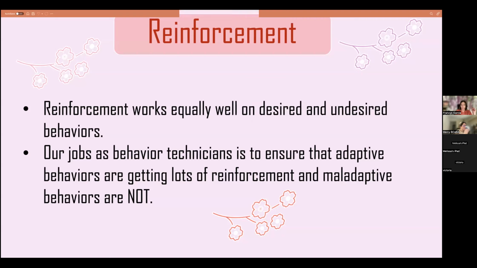Our jobs as behavior technicians is to ensure that adaptive behaviors are getting lots of reinforcement and maladaptive behaviors are not. Always keep in mind your duty as a behavior tech, what it is that you're supposed to be reinforcing and what it is that you're not supposed to be reinforcing. So lots of reinforcement.